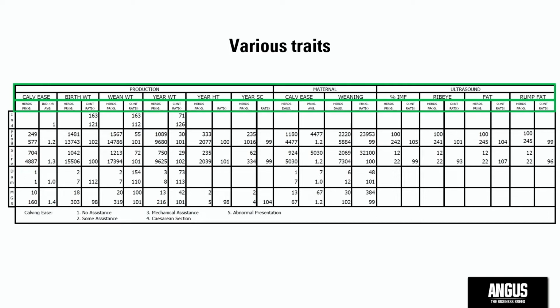Each trait has two columns, and that information could include things like how many herds does that animal have progeny in, or how many progeny does that animal have. It could also include that animal's ratio for something like birth weight, or it could be the average ratio of his progeny. And we'll take a closer look at that line by line.